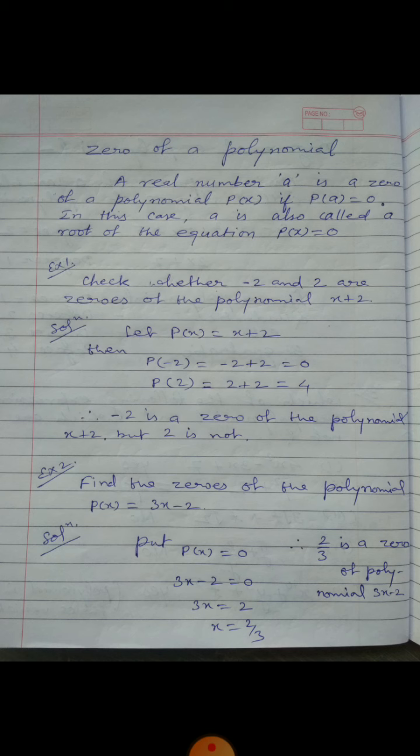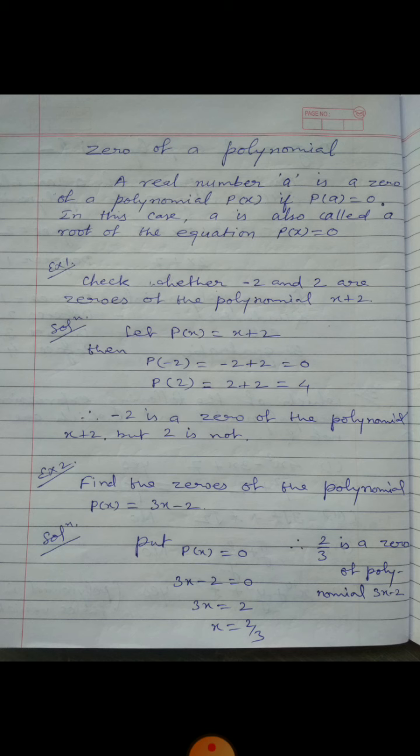So we put p(x) equal to 0, so 3x minus 2 equals 0, and 3x equals 2, transposing 2 to the RHS, and x equals 2 by 3. So at the value 2 by 3, our polynomial becomes 0.